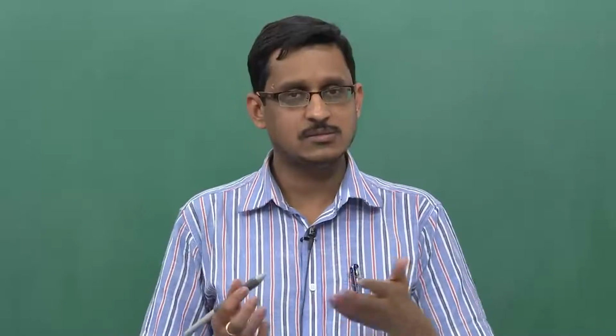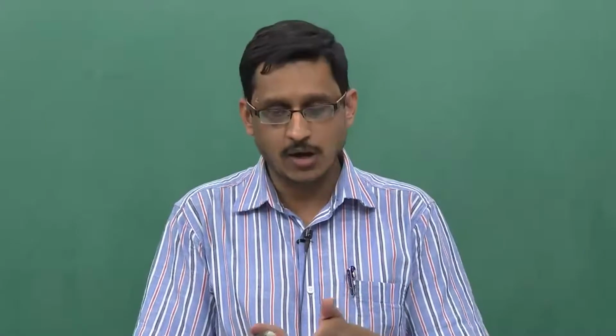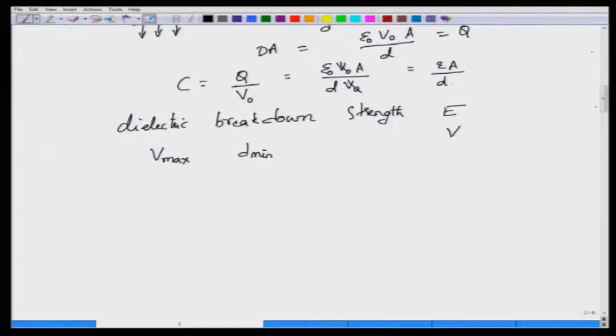So, I can make it smaller, but I can't keep making it smaller, because as D becomes smaller, V0 by D, which is the electric field, becomes larger. So, if D is at its minimum value, then the electric field associated with that, which will be the maximum, is given by whatever the applied field.